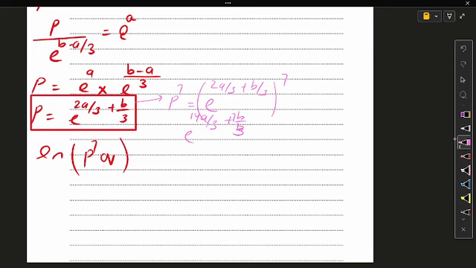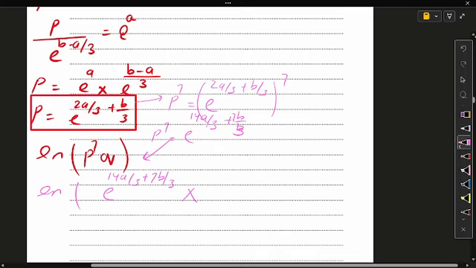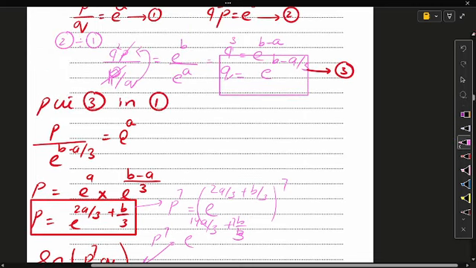Now you will put back the value of p raised to the power 7 in that main equation over here. So it will reduce into ln of e raised to the power 14a by 3 plus 7b by 3. The value of q would be that you calculated in the previous part, means in the first slide, and it would be q is equal to e raised to the power (b minus a) over 3.